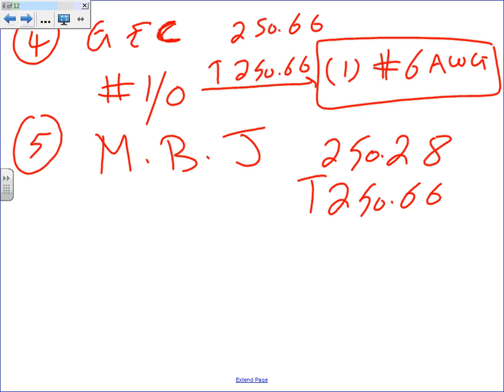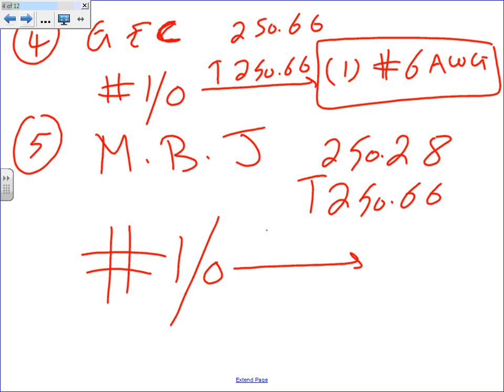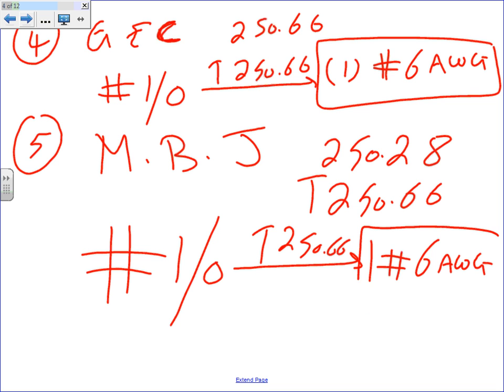So please write these down: 250.28 refers you to 250.66. And by the way, you take the number 1/0 and take it to table 250.66, and that will get you a number 6 AWG copper conductor. Any question, guys?